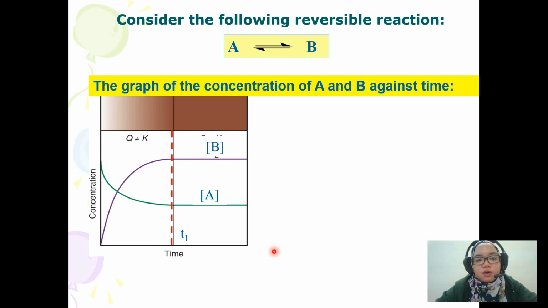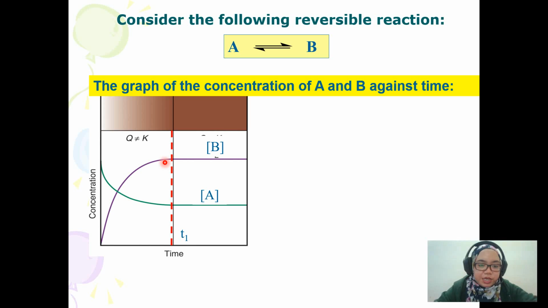In this graph, you will see that with time, the concentration of reactant A decreases. And then when it reaches the time T1 here, it remains constant. And for product B, with time it will increase. So this is the forward reaction.